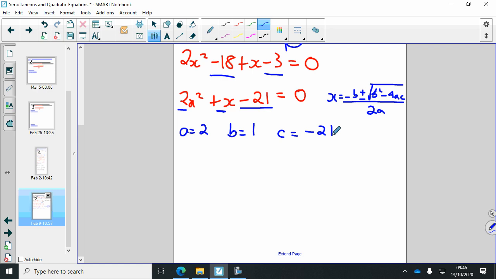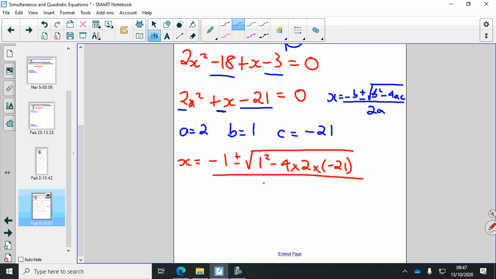Okay, so let's put those numbers in the equation. Minus b, so it's going to be minus 1, plus or minus the square root of 1 squared, minus 4 times 2 times minus 21, all divided by 2a, so 2 times 2.